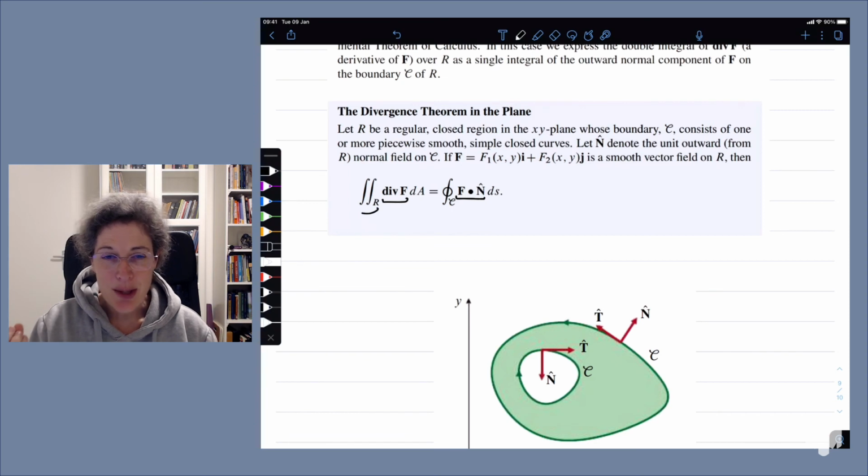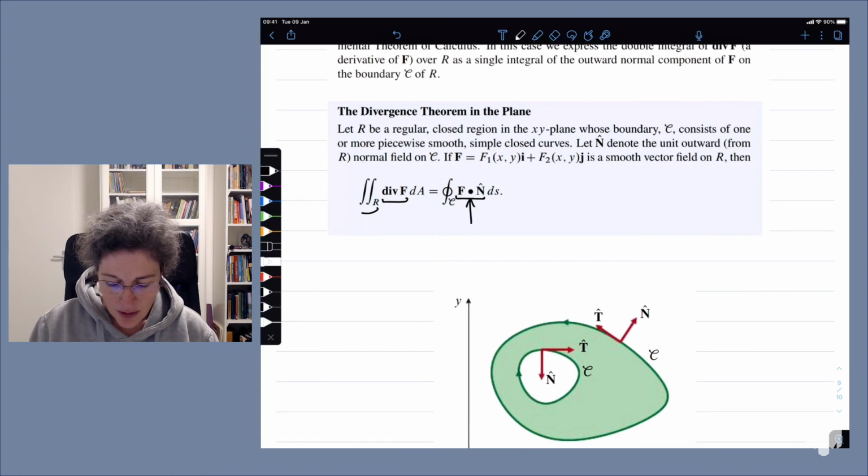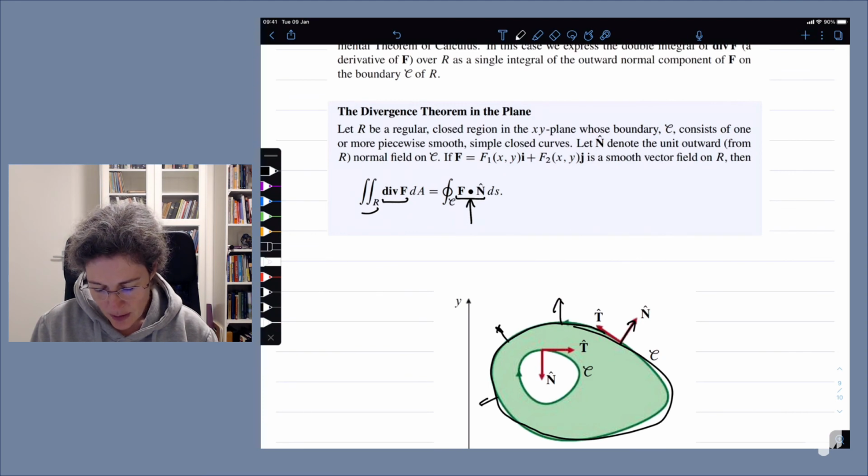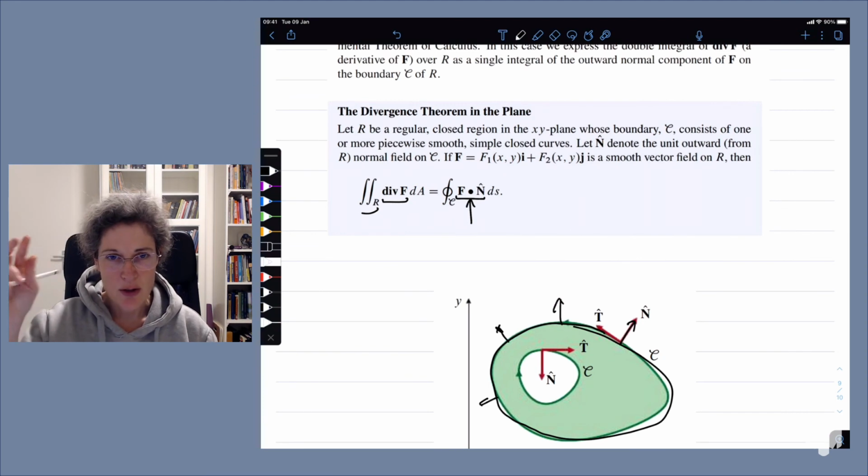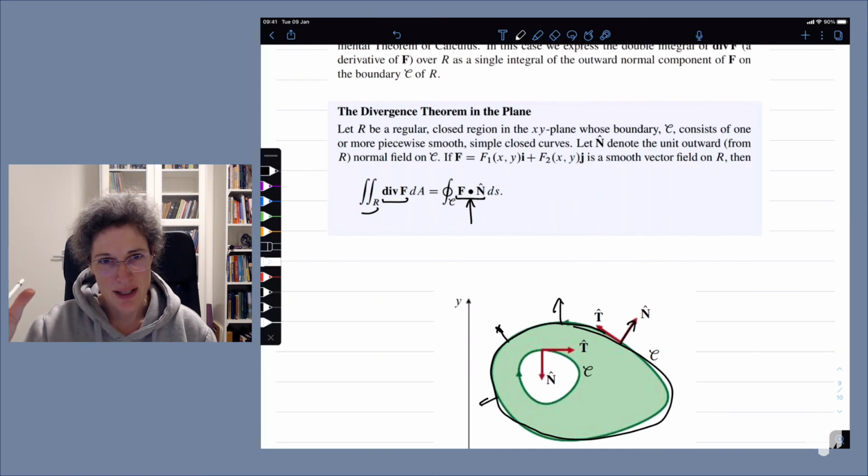And if you think about it, it's kind of doing the same macroscopic, microscopic thing that we did before. So this bit over here is really saying, let's see how much of the vector field points outwards as we go around the loop. So it kind of gives a macroscopic divergence idea.